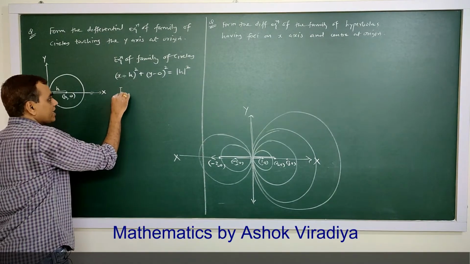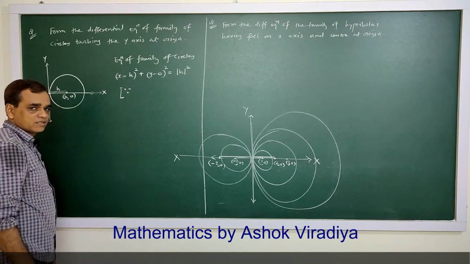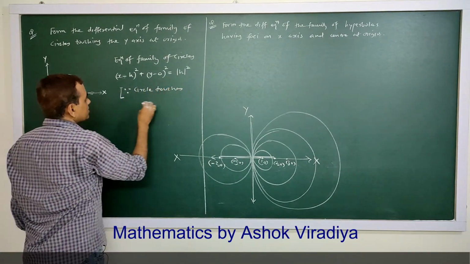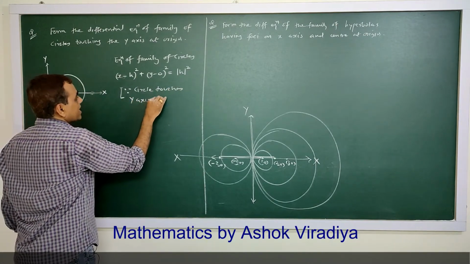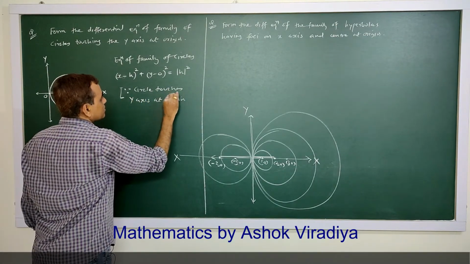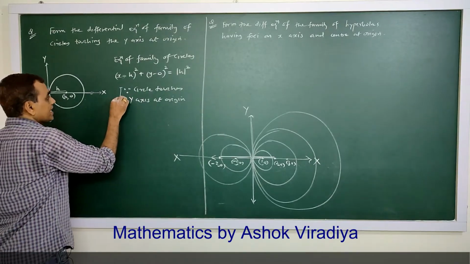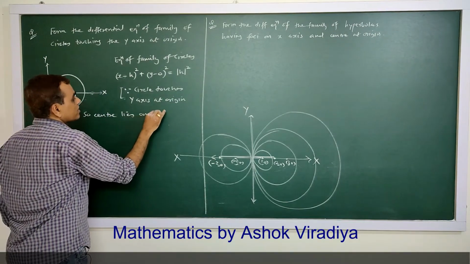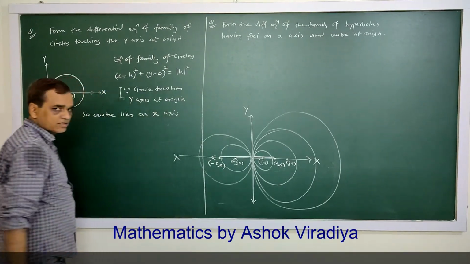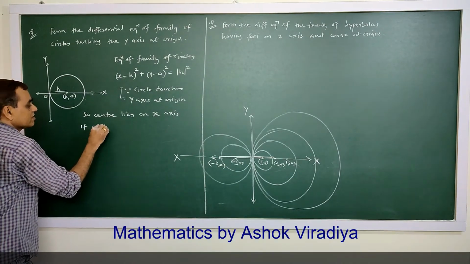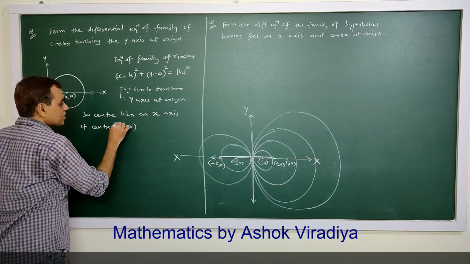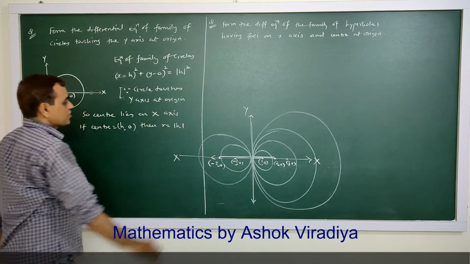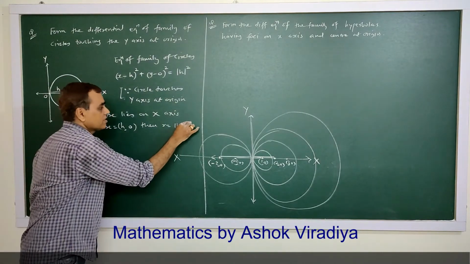Here I am giving the reason: because the circle touches y-axis at origin, the center lies on x-axis. If center is h 0, then its radius is modulus h. This is the reason.